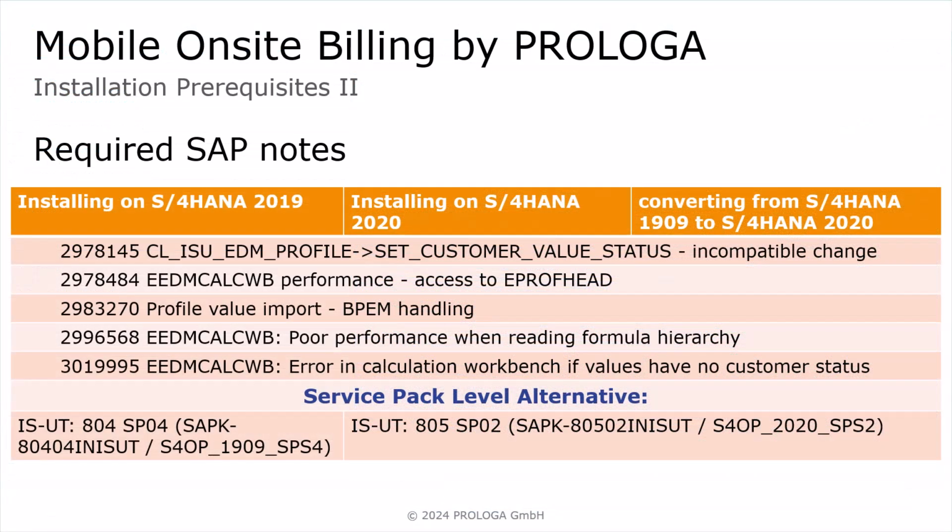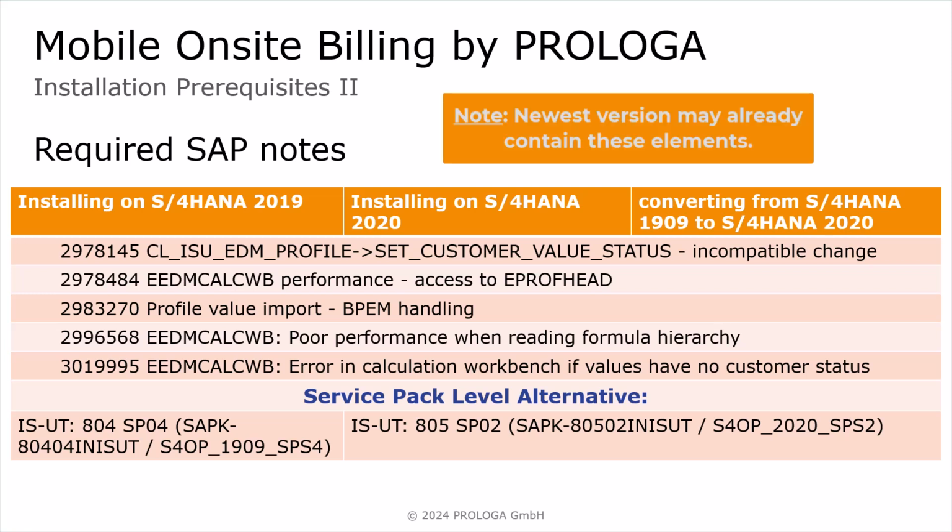Next thing to check is if the required SAP notes were implemented correctly so that the SAP S/4HANA Utilities extensions for meter-to-cash processes by PROLOGA can be installed on S/4HANA without any problems. These notes contain reference corrections with validity for S/4HANA 1909 and S/4HANA 2020.